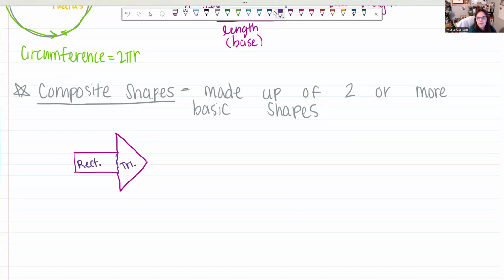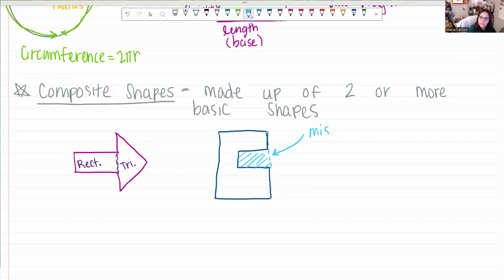Another type of composite shape may be looks something like this. Pretend that all of these lines are straight. So this is almost a complete rectangle, but we're missing this almost smaller inside rectangle.